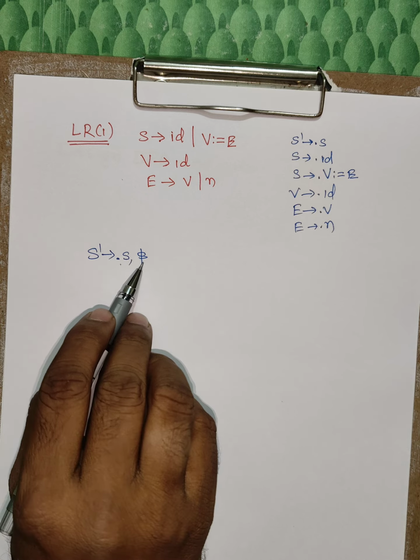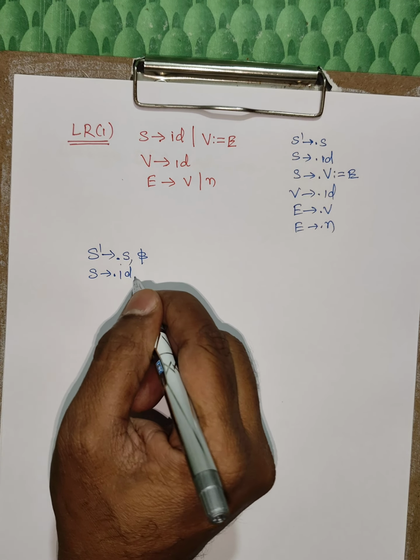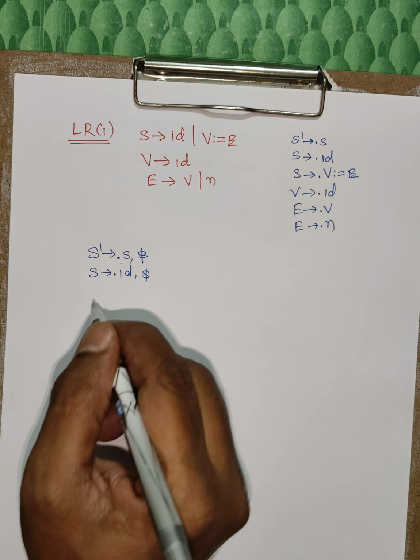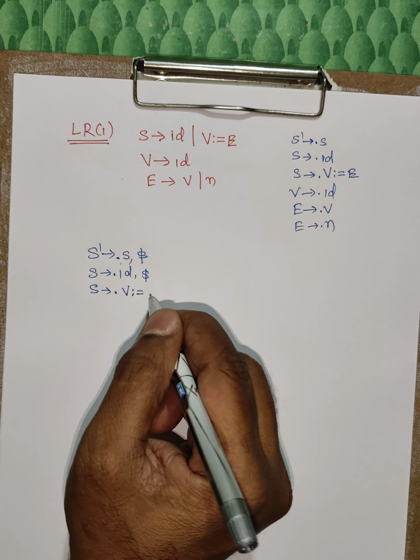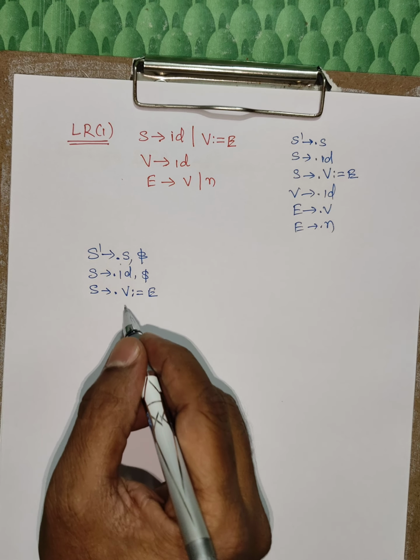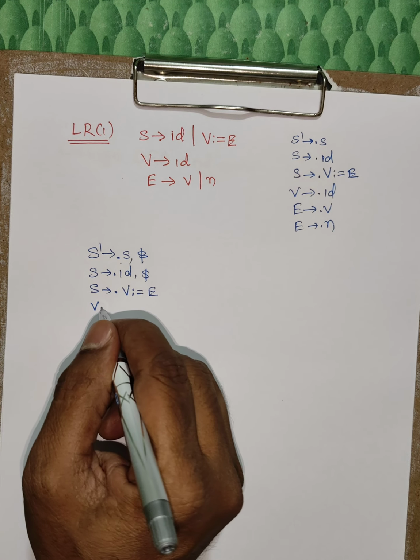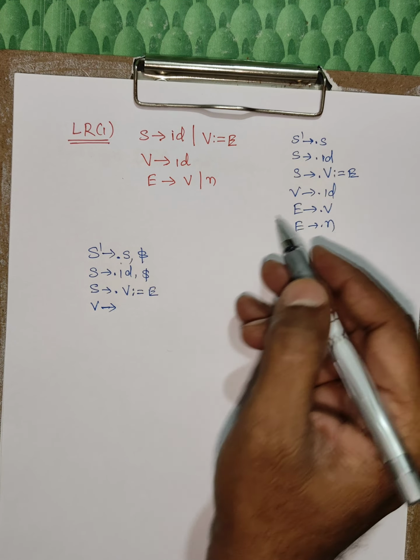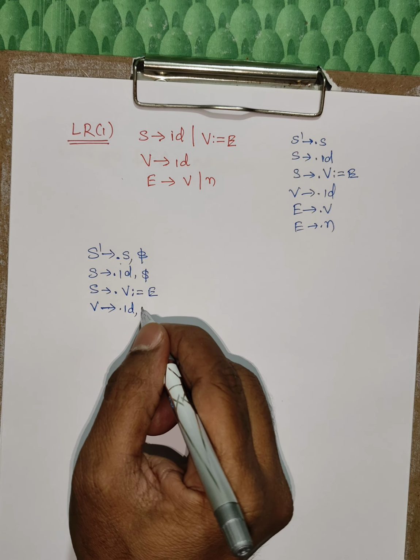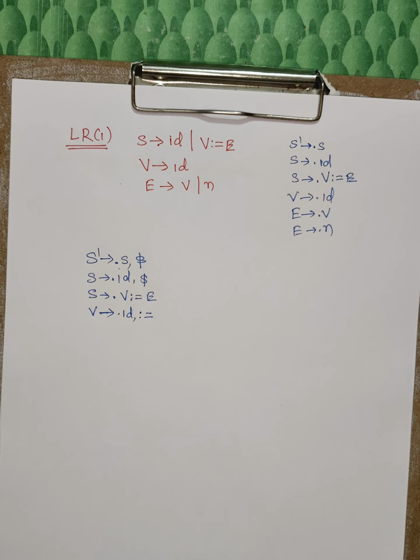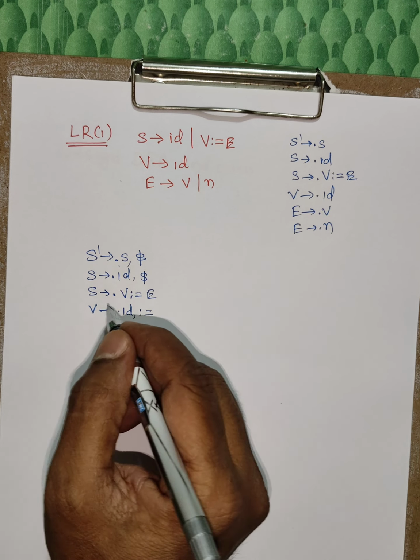All productions of S carry the same lookahead. S produces dot id carry lookahead dollar, then S produces dot V colon equal to E. After dot, V is a variable. If V is a variable, all productions of V produce id, and follow of V is colon equal to.